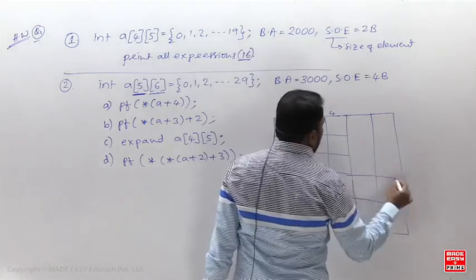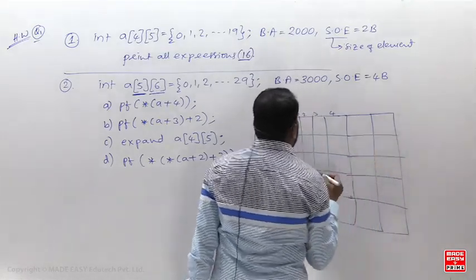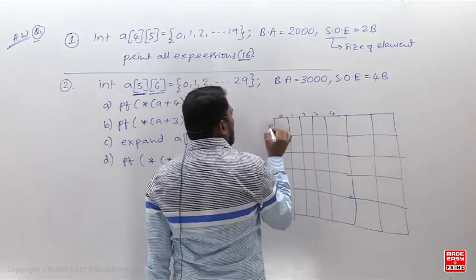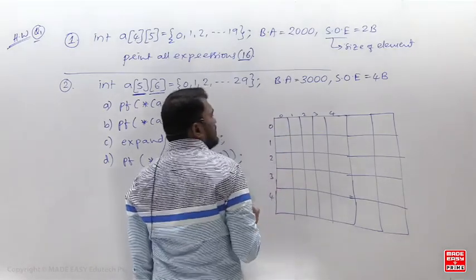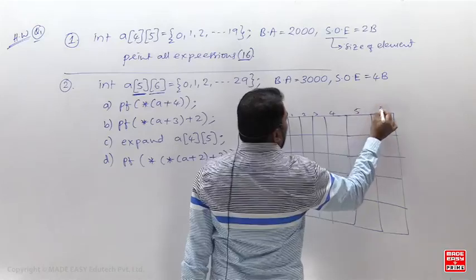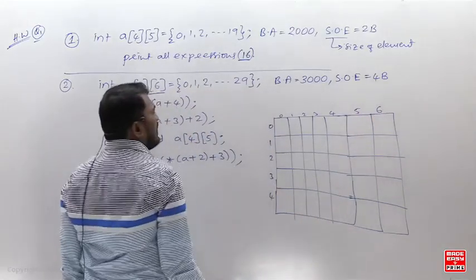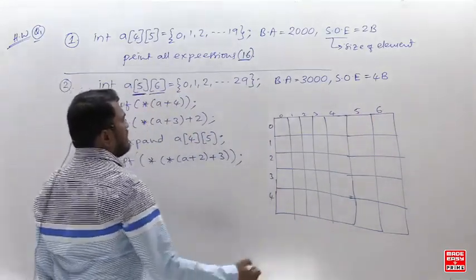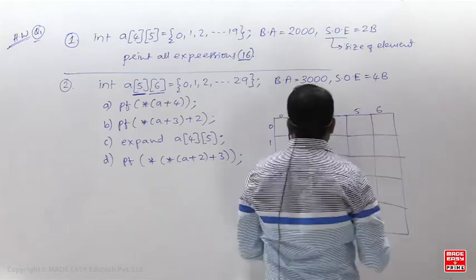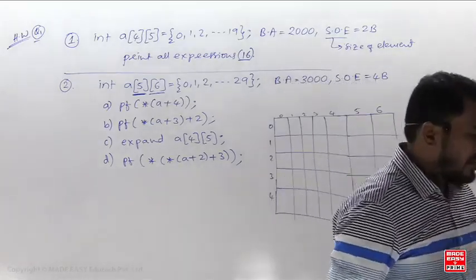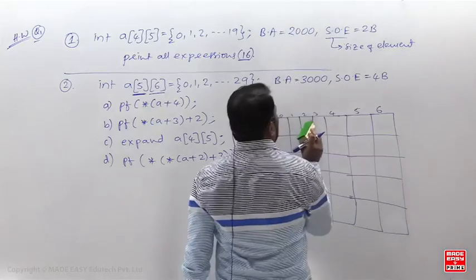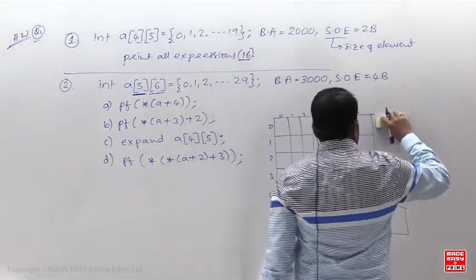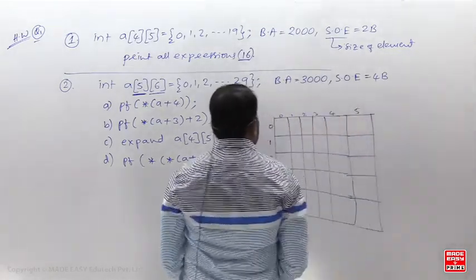Oh sorry, 0 to 5, total 6 only, right? So this is not required. Just a rough diagram.